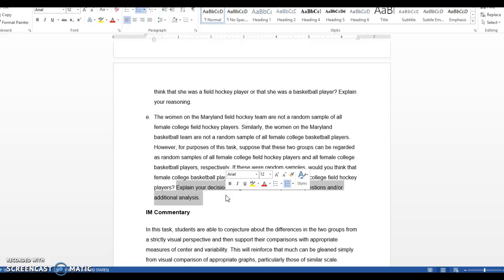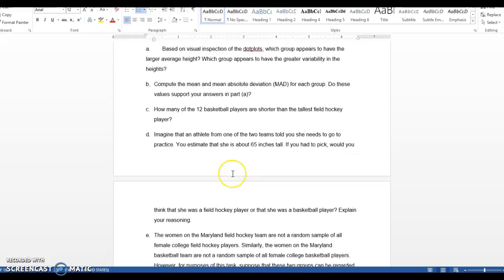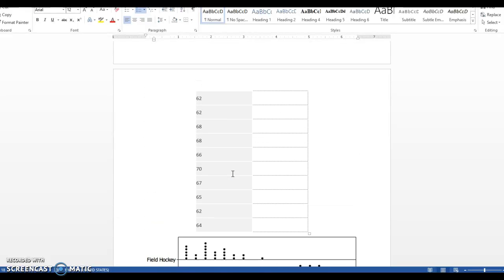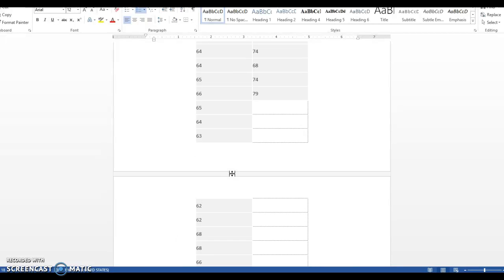So again, I want to say that the level of questioning is level A, and collecting data is around level A as well, because the data is given again.